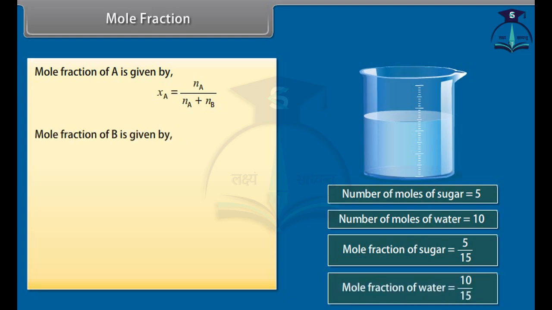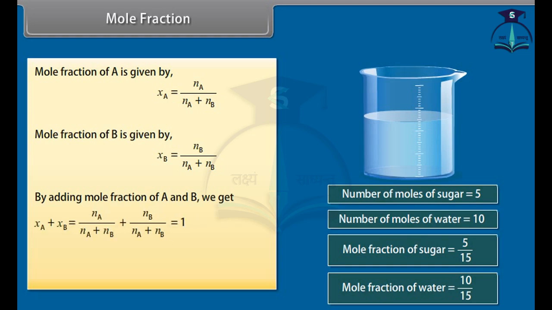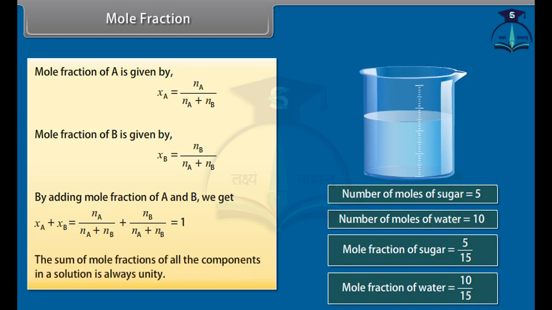Mole fraction of B is given by NB divided by NA plus NB. By adding mole fraction of A and B, we get XA plus XB is equal to 1. It implies that the sum of mole fractions of all the components in a solution is always unity.